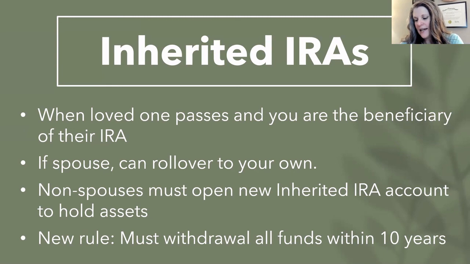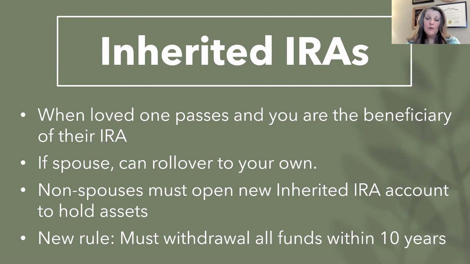The IRS and Congress, they decided on a new rule with inherited IRAs, and it's a tough one. It really is. So any inherited IRA that was opened after 2020, or it could be 2019, I apologize that I might be getting my years mixed up, but they have to withdraw the funds within 10 years.